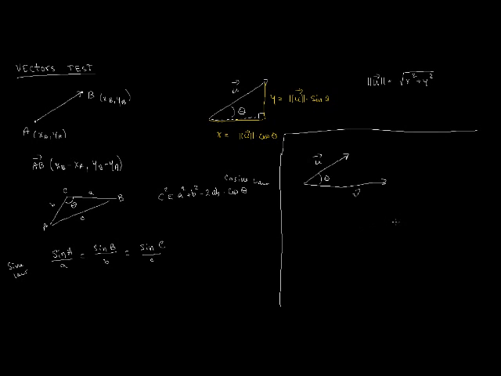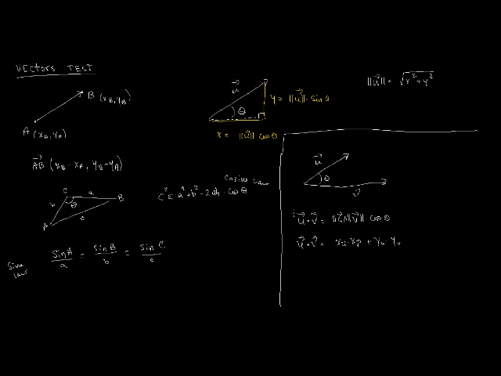The geometric approach for the scalar product, which is u dot v, is you take the magnitude of u, multiply it by the magnitude of v, and you multiply that by the cosine of the angle between them. The algebraic approach is you take the x component of u, you multiply it by the x component of v, and you add that to the y component of u times the y component of v.